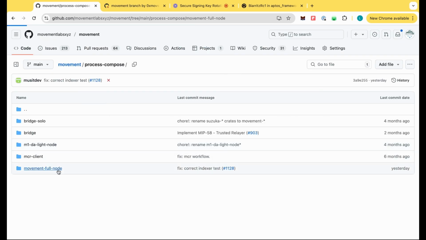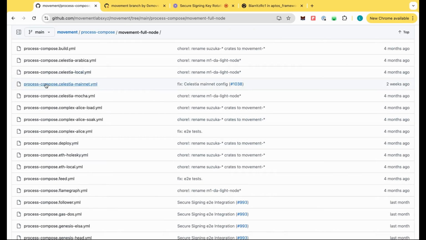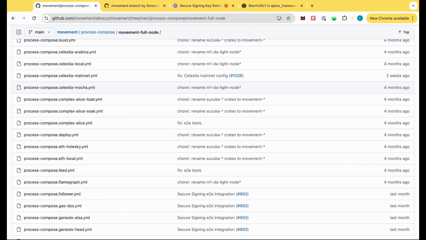For the movement full node, you would go into the movement full node directory, and then you'll see there's this format to all the files: process-compose.some-name.yaml. You would be able to select additional overlays by passing these in as features to your command.